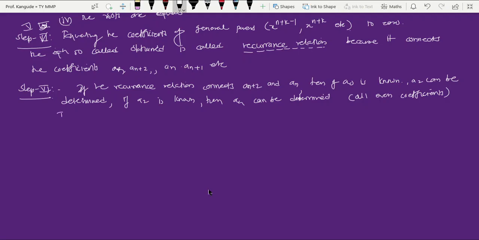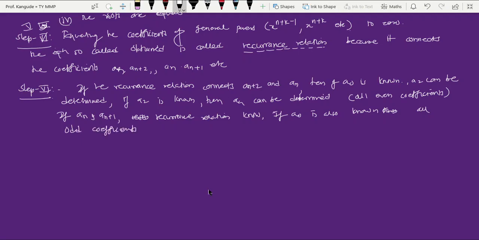As well as, if the an and an plus 1 recurrence relation is known, and if a0 is also known, then all odd coefficients can be determined.